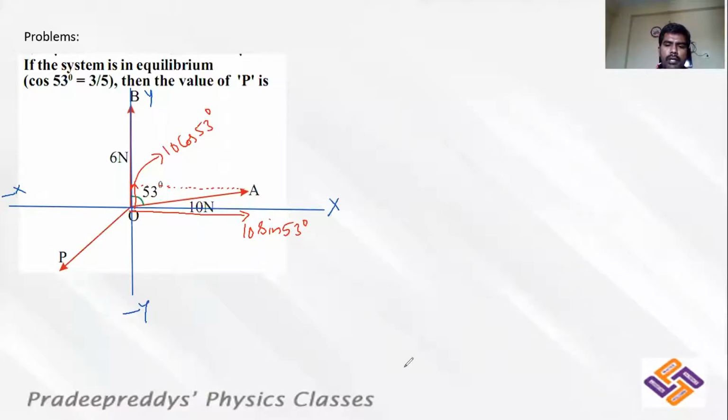Now I can write down the individual vectors A bar, B bar. A bar is equal to, along the x-axis, 10 sine 53 i cap plus 10 cos 53 j cap. I have written A bar in terms of vectors. A bar is equal to 10 into sine 53.